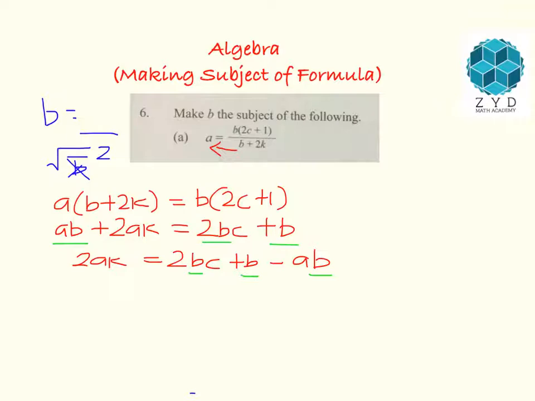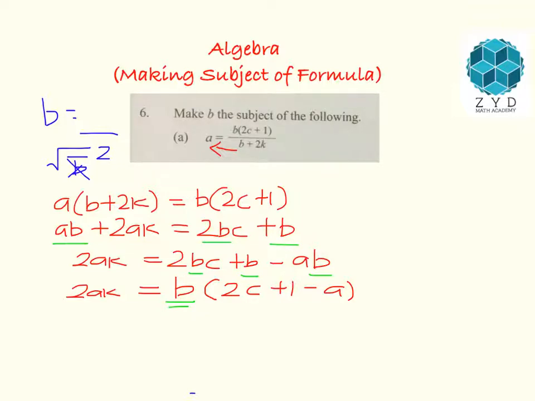So to isolate the b, we do factorization on the right hand side of the equal sign. So we will get 2ak remains the same, equals to, let's take out the b, and we remain with 2c plus 1 minus a. Okay, so now our b is independent, or our b is just by itself here.